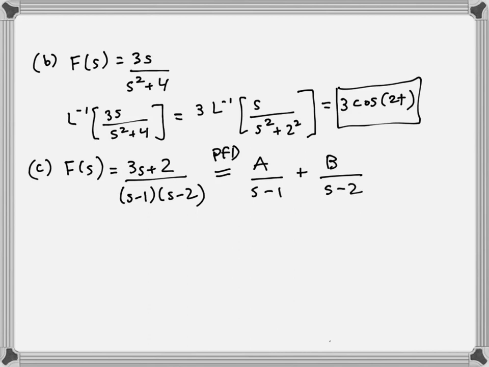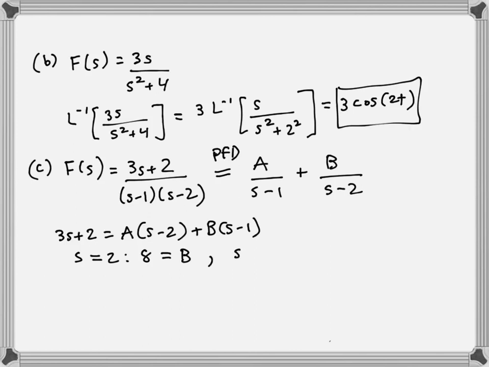So let's use partial fractions to try to figure out what we get, right? So we end up with 3s plus 2 is equal to a times s minus 2 plus b times s minus 1. And if I plug in s equals 2, I end up with 8 equals b.